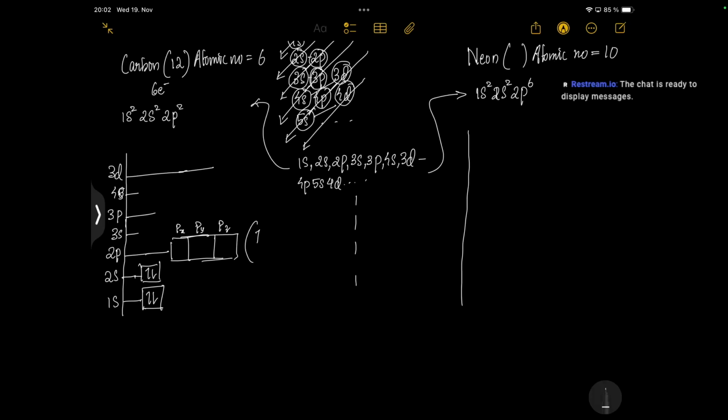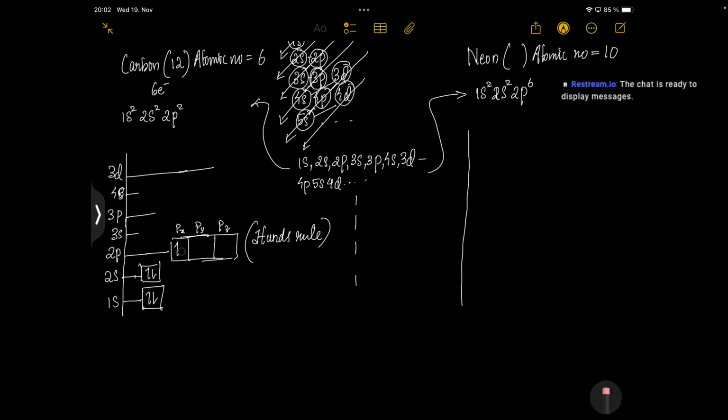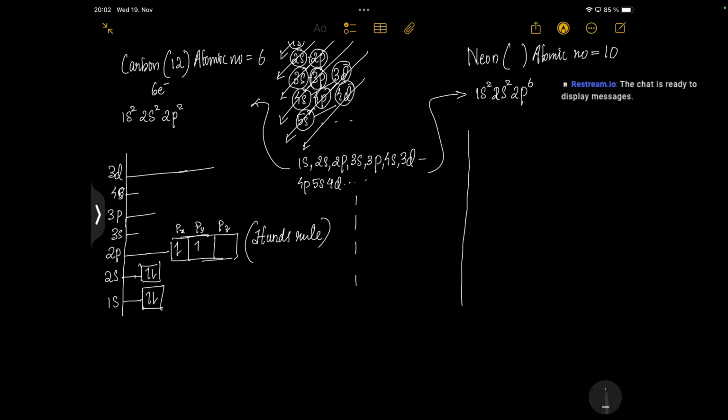According to Hund's rule, we could fill in this way and just call it a day. But no, according to Hund's rule, if we don't have enough electrons, we have to fill each individual orientation with an individual electron. Now the same for 1s, 2s, 2p.